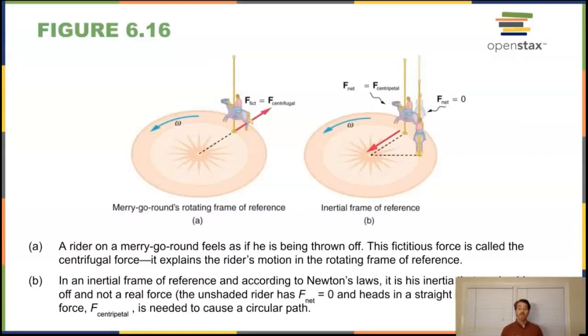How this relates to the previous video, where we were talking about rotation, not revolution, but rotation, where an object has this omega, this rotational or angular velocity, is that we mostly don't want to talk a lot about angular velocity. A little bit, but not a lot.